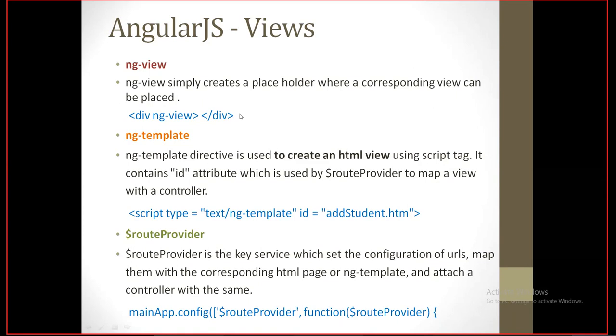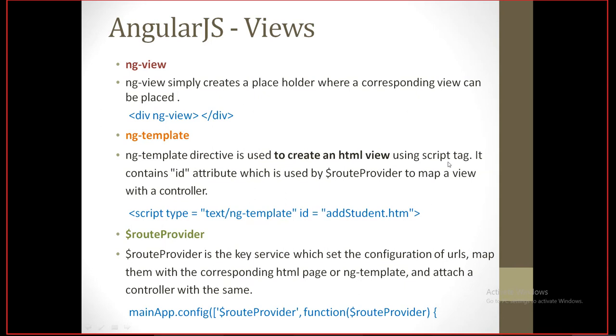Okay. Then with the ng-template directive, we are going to actually create the HTML view, or we are going to create the actual HTML page that we want to display. Understood? So that will be done with the help of the script tag.